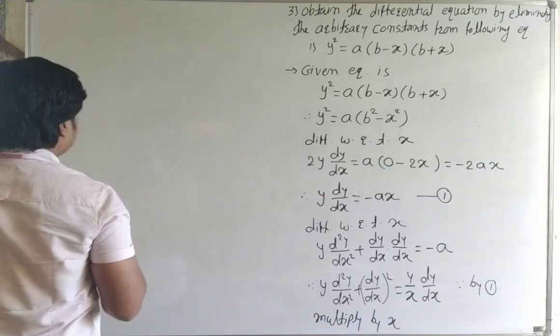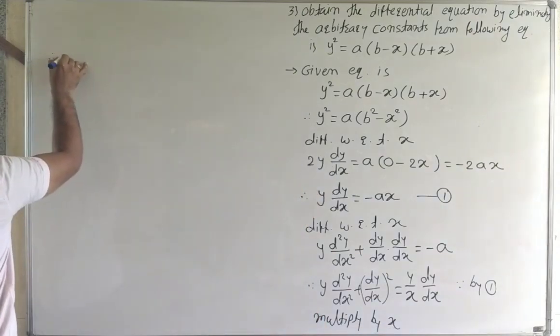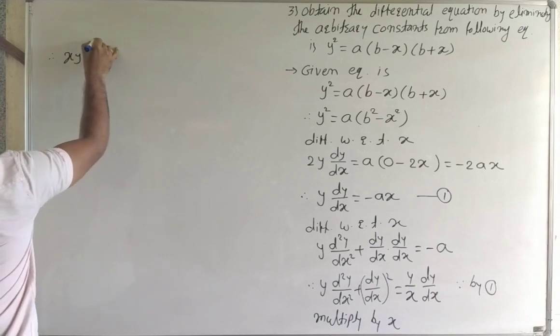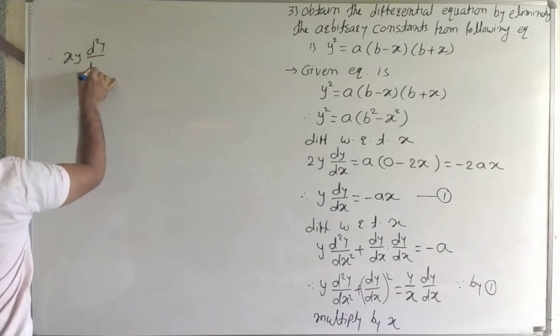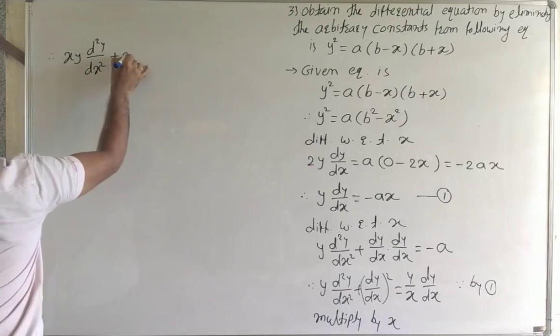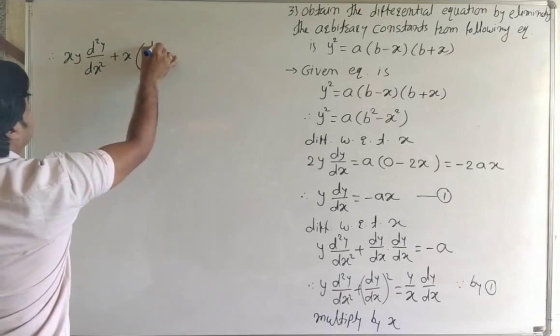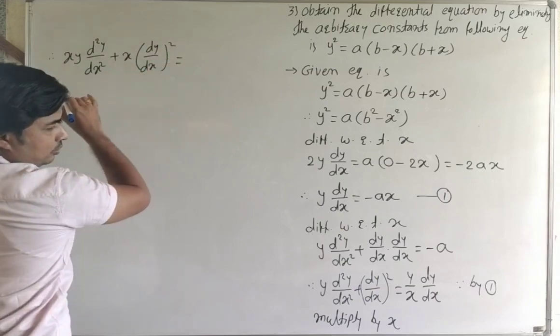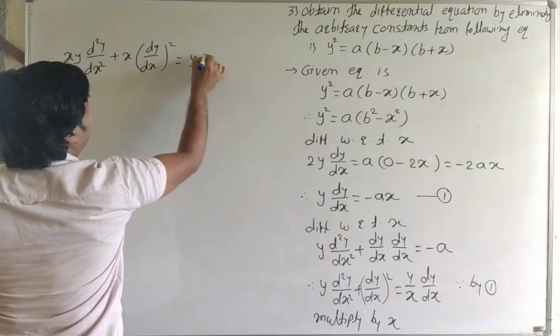We get xy d2y by dx2 plus x dy by dx whole square is equal to y dy by dx.